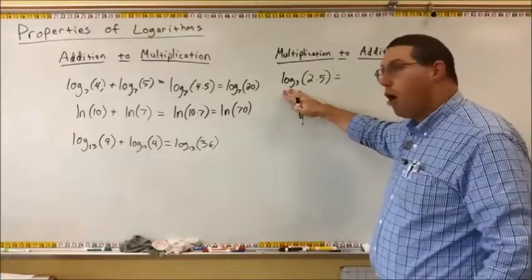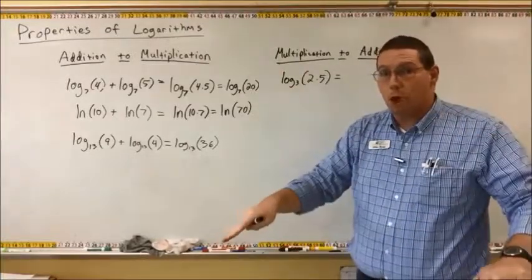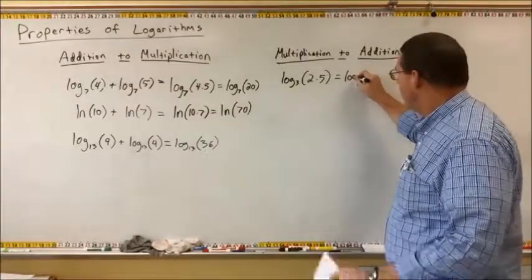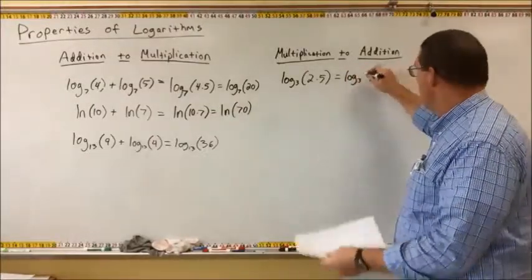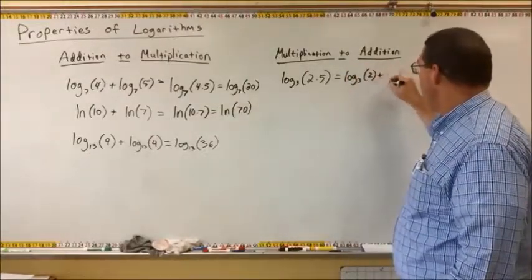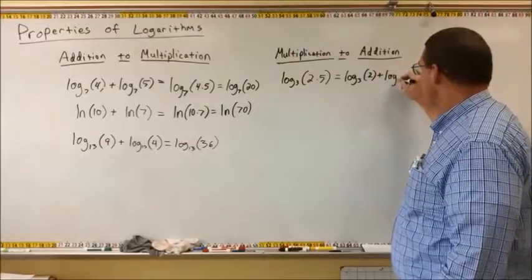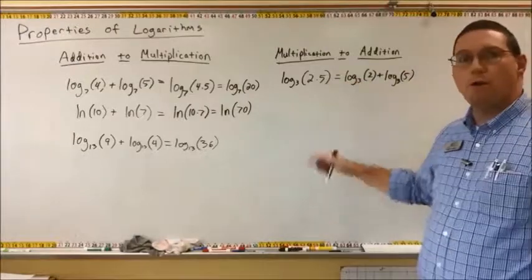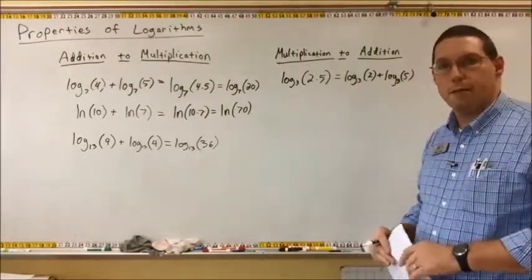We have to break this logarithm into 2 separate logarithms and put a plus between them. So it'll become log base 3 of 2 plus log base 3 of 5. And so we've broken the logarithm apart into 2 pieces.